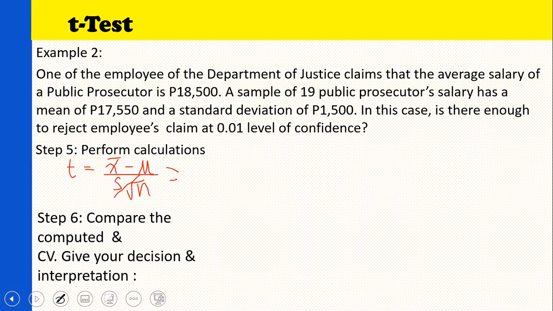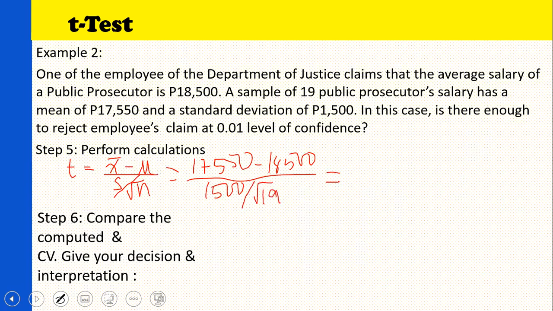So computing, that will be the mean, based from the sample, we have 17,550 minus 18,500 all over the standard deviation, which is given 1,500, over the number of samples, which is square root of 19.